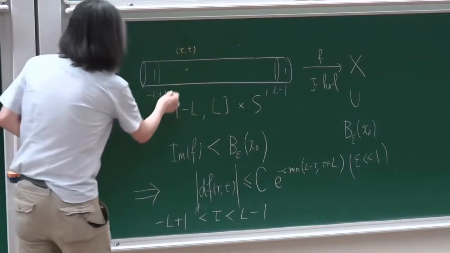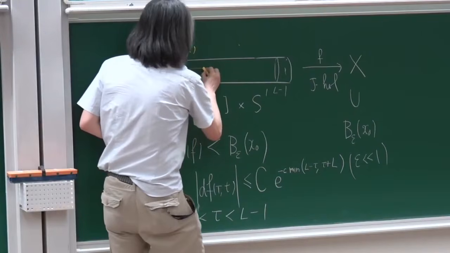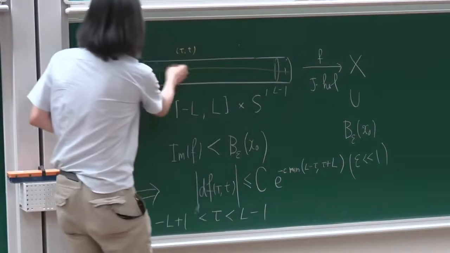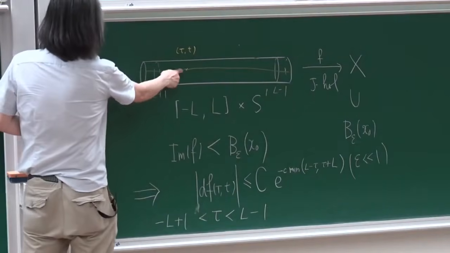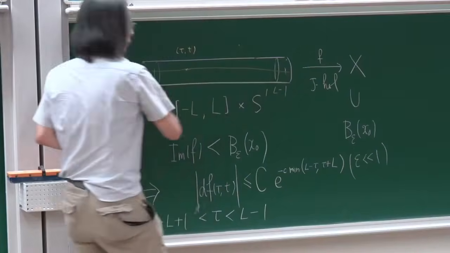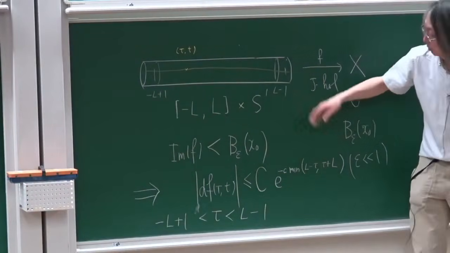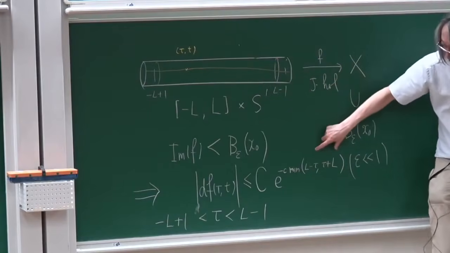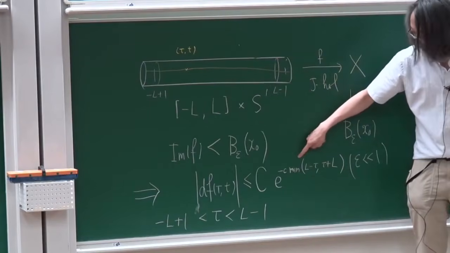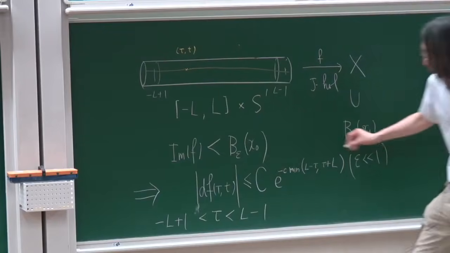Then measure the distance to these boundaries. So this distance is tau plus L, and this distance is L minus tau. It's the distance to the boundary of the domain, and then take its minimum, and then take its exponent to minus 1. So we have this sort of estimate.